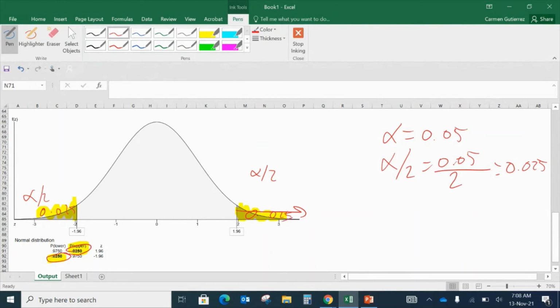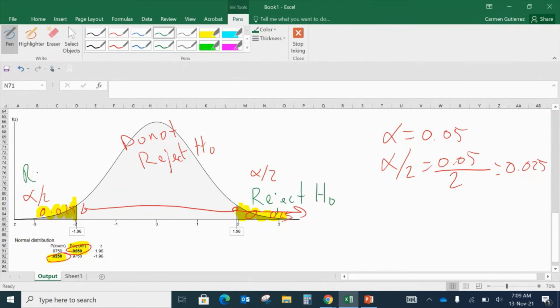And the area in between is my area of do not reject H0. Wherever your alpha is, upper, lower, or in the two tails, the alpha is always the area of rejection of H0.